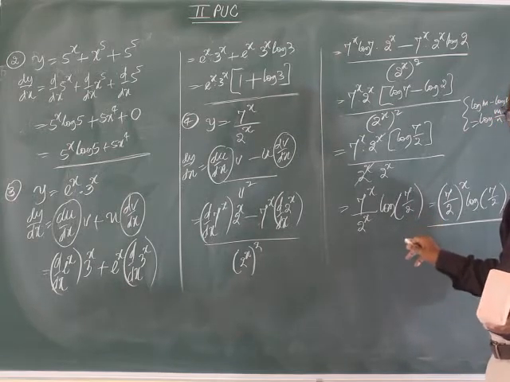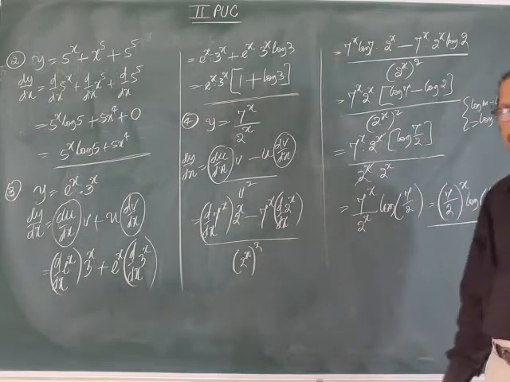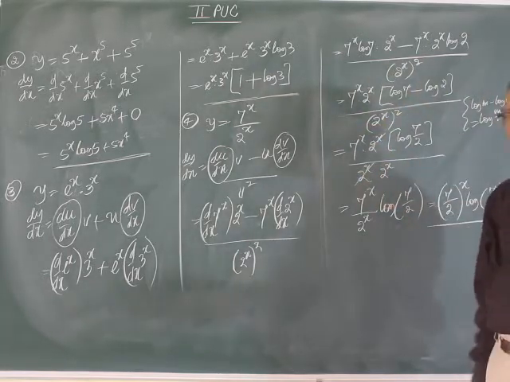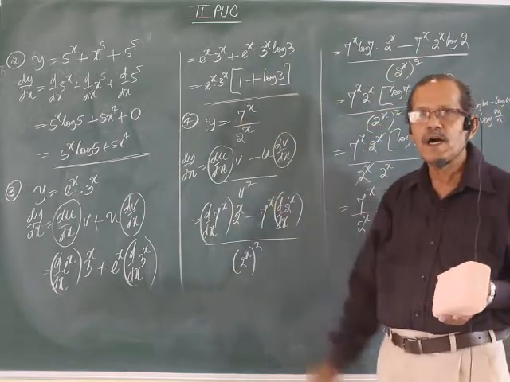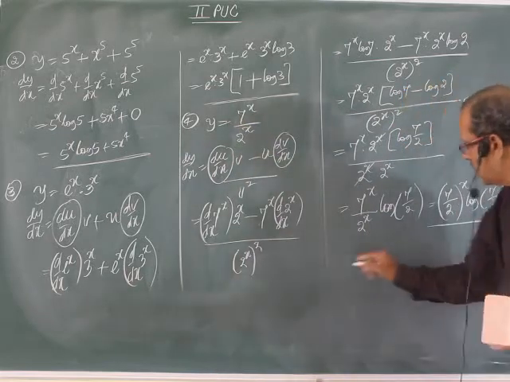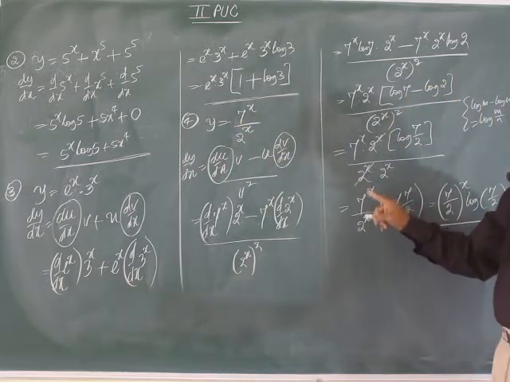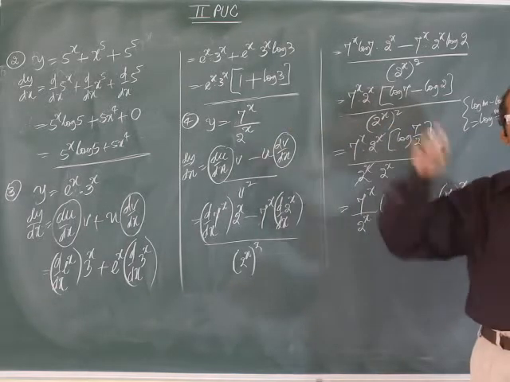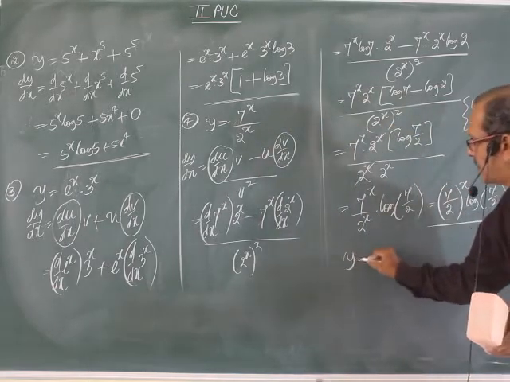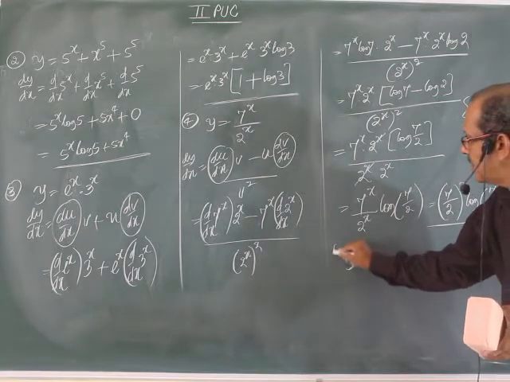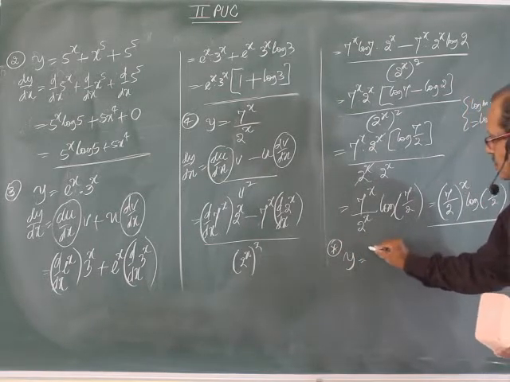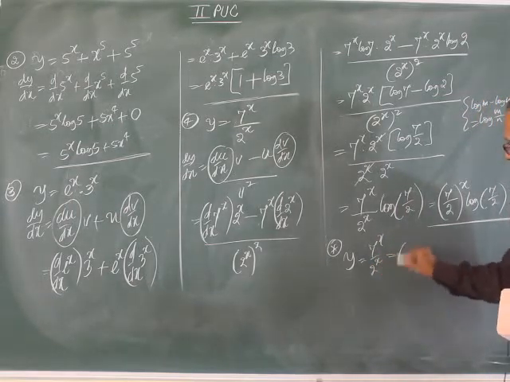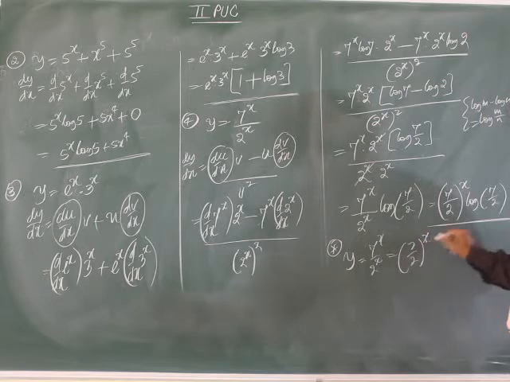But remember, if the same problem appears in a CET question paper, you need not do all these steps. Straight away you can get the answer. How? You can write 7 to the power x by 2 to the power x as 7 by 2 whole to the power x. Why can't you write that in the beginning itself? See this, y equal to 7 to the power x by 2 to the power x, 7 by 2 whole to the power x.